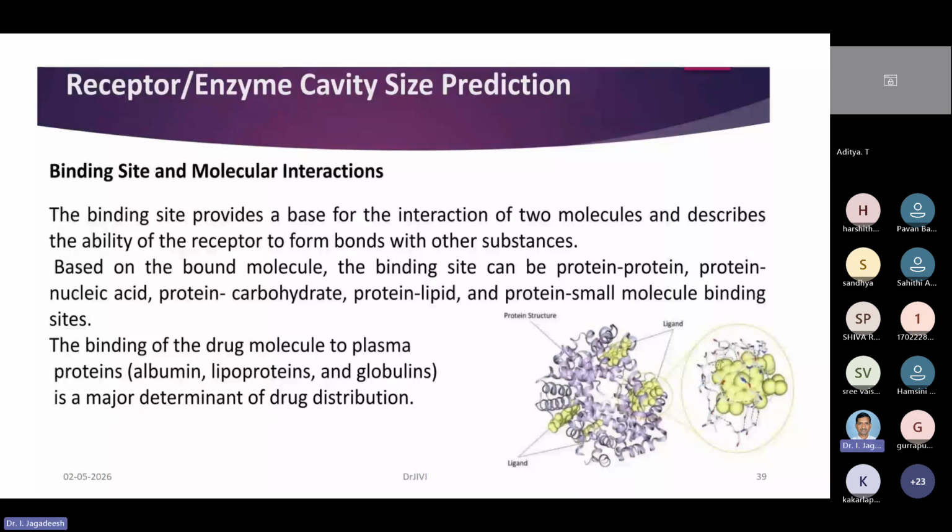The protein is a macromolecule, and the site can accommodate another protein in its pocket because of its tertiary structure, which creates the pocket.